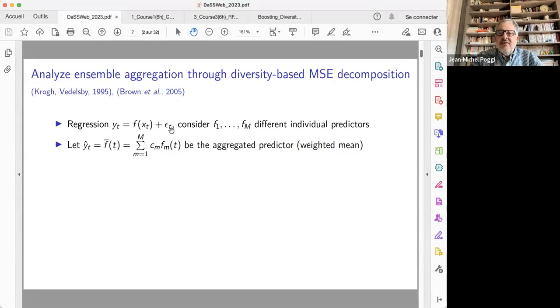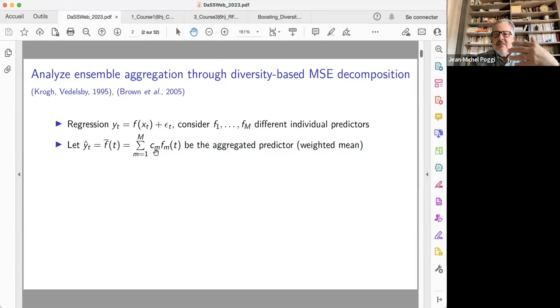Instead of considering, as usual in statistics, a way to choose the best one or some interesting one, in this kind of strategy you consider the aggregated predictor. You choose a weighted mean by choosing these coefficients.